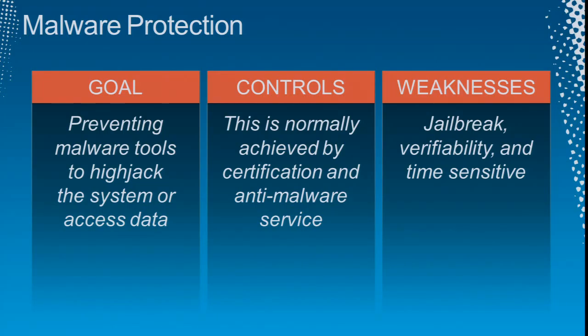So there are ways to prevent that before it happens, and in the event of an unforeseen malware outbreak, we can restrict that app immediately. The weaknesses for malware are jailbreaking phones, the verification that the actual build is an intended build for the platform, and time sensitivity.